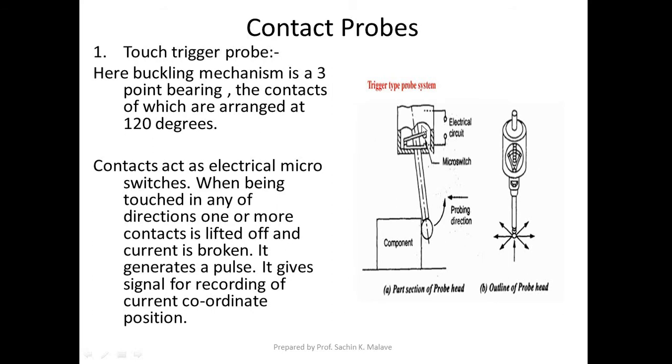Okay, so this is the basic theory behind the trigger type probe system. After probing, a pre-stressed spring ensures the perfect zero position of the 3-point bearing. So this is a touch trigger probe, or a trigger type probe.